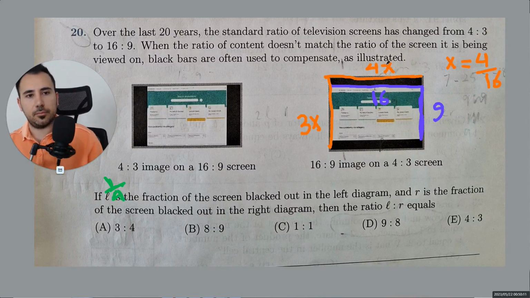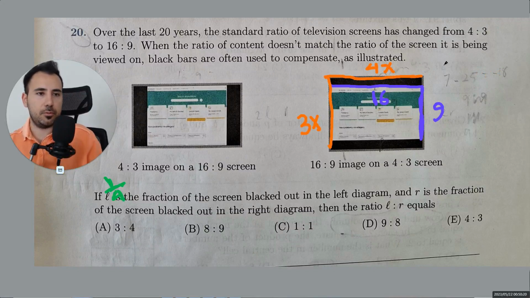Okay. So if 16 is 4x, so x is 4 over 16, which is 1 over 4. I'm sorry. If 4x is 16, x is 4. So 4x is 16, x is 4. Yeah, I'm tired, aren't I? Okay, so if x is 4, then we have the size of this side. 3 times 4 is 12.